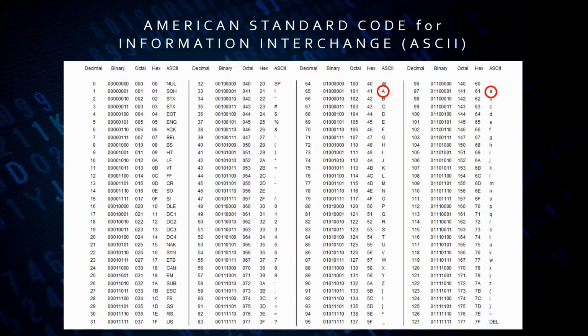So for example, if we look at the ASCII code A here, circled in red, uppercase A, we see that the binary or the byte state is 0, 1, 0, 0, 0, 0, 0, 1. Now, if you look anywhere else in that list, you will not find the same binary sequence of 0, 1, 0, 0, 0, 0, 0, 1. It won't be anywhere else in this code because you can only use one byte state to represent one particular character.